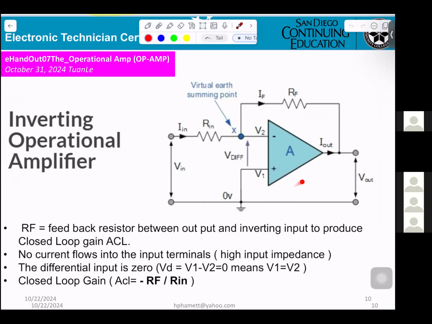This is the operational amplifier. It has a negative input and a positive input. The negative input we call the inverting input.